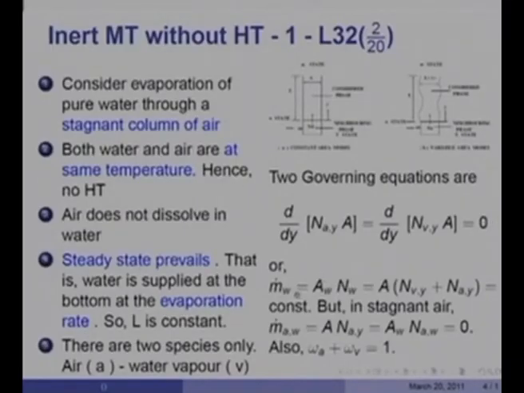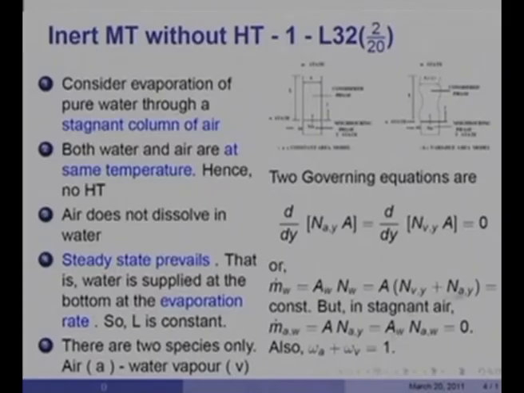This means that the mass transfer rate m dot w in kg per second would be area A times N w, which is equal to A times (N V y plus N A y), equal to a constant, because the gradient is 0. But in stagnant air, N A y is equal to 0, because there is no mass transfer of air in this, it is stagnant, and therefore, omega A plus omega V is equal to 1, of course, and we note this.